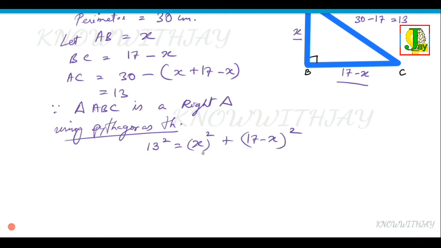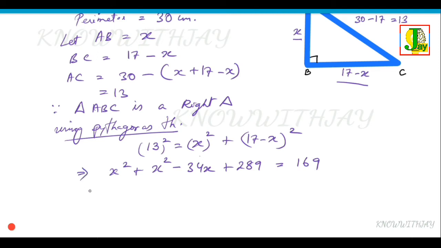So the sum of the squares of the other two sides is equal to the square of the hypotenuse. So we get x square, and 17 minus x whole square is x square minus 34x plus 17 square is 289, equals 13 square is 169.